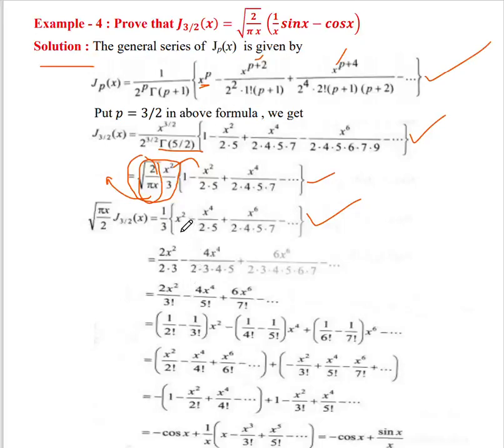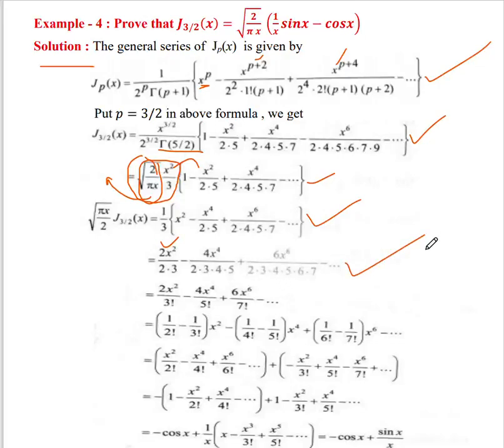Now here we will multiply and divide by 2 by 2 for the simplification. 4x to the power 4. Okay. Here we will multiply 4 in the numerator. Here we will multiply and divide 6 in the numerator as well as the denominator. Okay. Multiplying to this term we will get these steps.